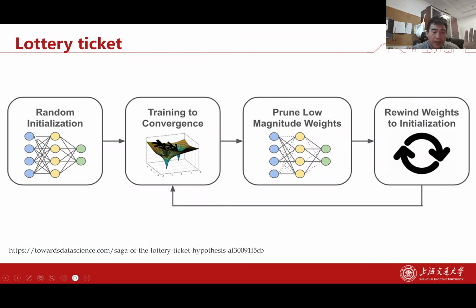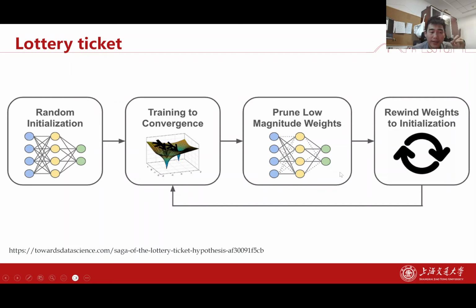For example, after training, this one will be neglected, so we actually don't train this parameter from the beginning. So we only train a small portion of all parameters, and after training, the accuracy of the neural network we get is very close to training all parameters.